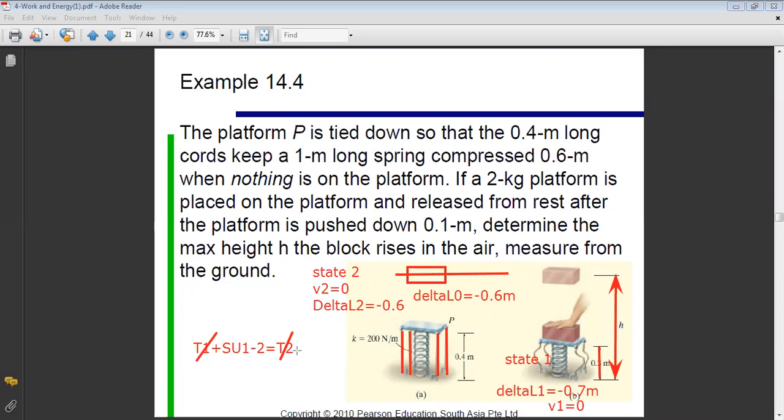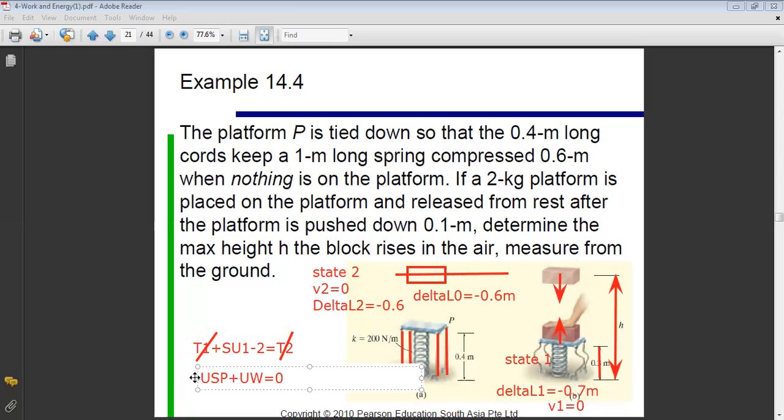Now, what are the forces that will do work? I have the work of the spring and the work of the weight. So here I can say that I have the summation of work of spring plus work of weight equals 0.